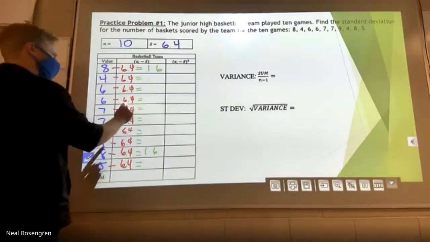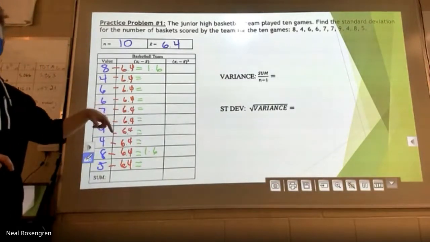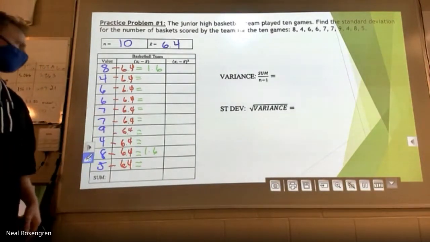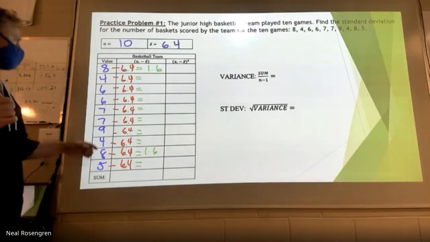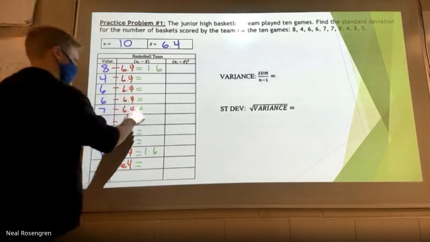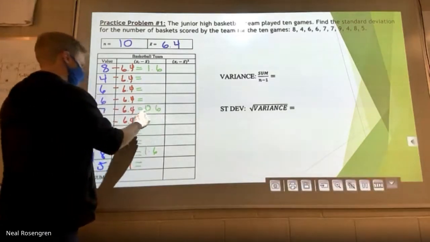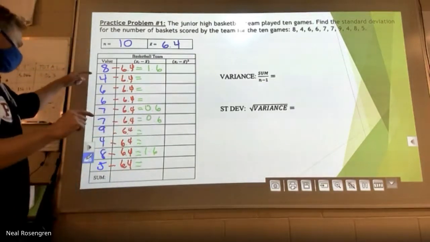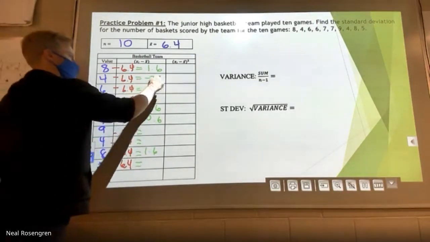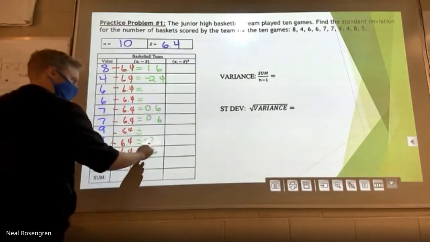7 minus 6.4, not 0.64. 0.6. I thought you said 0.36. Negative, so 0.6 for the 7s, okay. What was that, Pete, the 4s? Negative 2.4. Okay, there's another 4, negative 2.4.